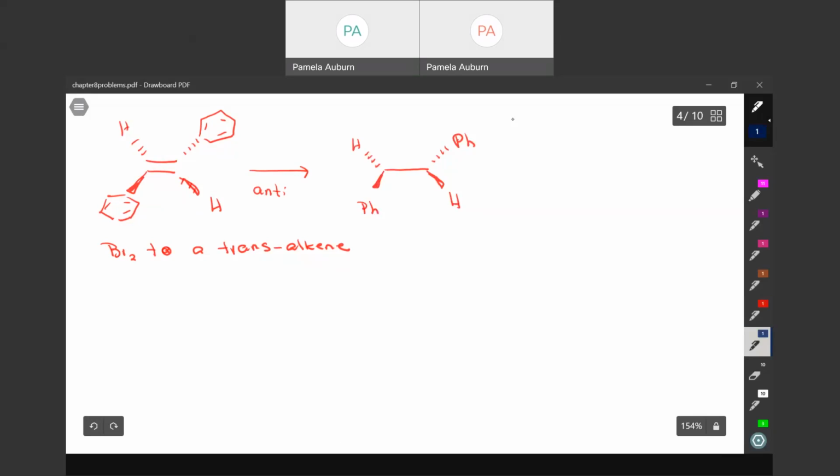And now we've added anti. So there's a bromine here, and there's a bromine here. And let me think for a minute.